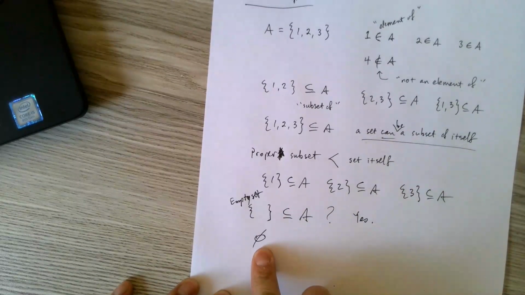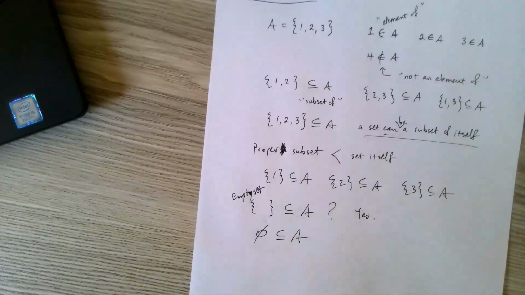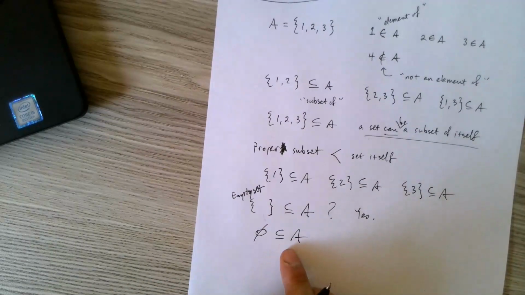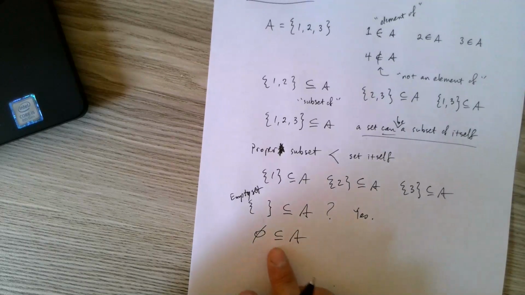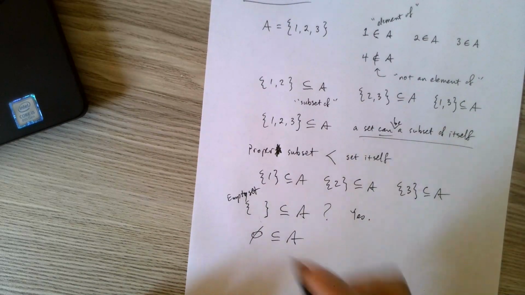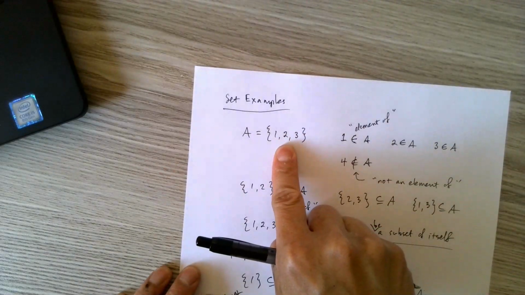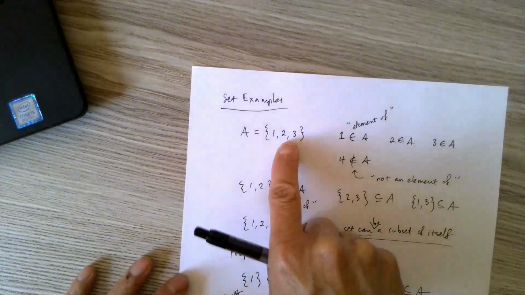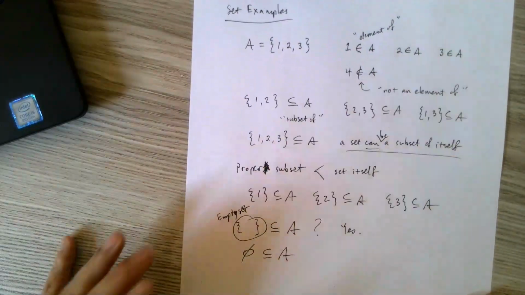Here's another way to write empty set. It's just synonymous with that. Empty set is a subset of A. Because if I take the empty set out of A, I'm not changing it at all. If I superimpose the empty set on top of A, that also doesn't change A.